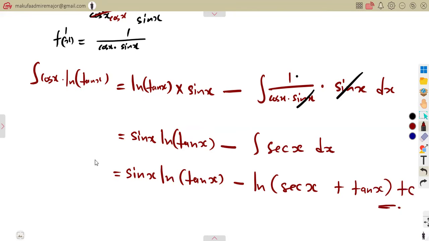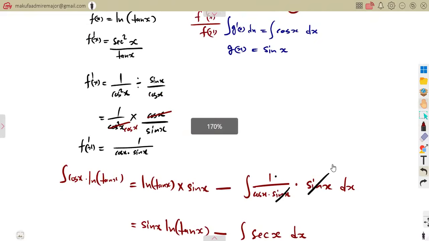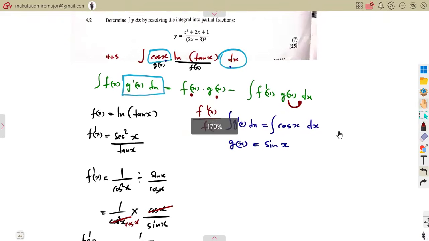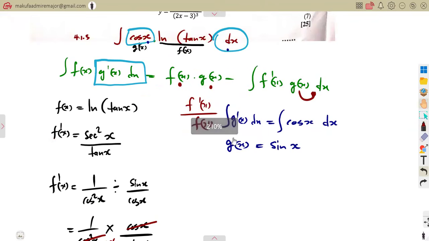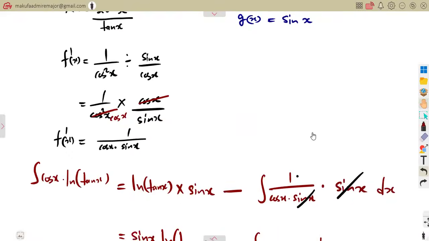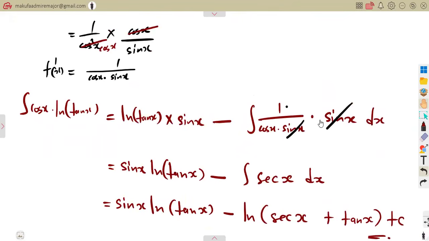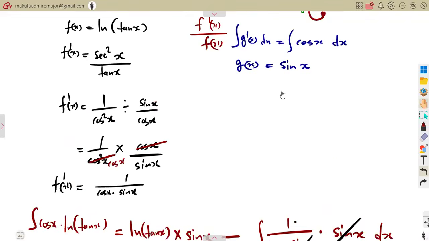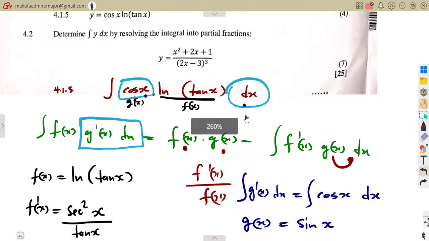So that was what we're going to have at the end by applying our by parts method. It's a product. We've got two terms. So you need f of x, you need g prime x. So you do not just take any term that you think, no. Analyze your terms first. Which one can I take as my f of x?